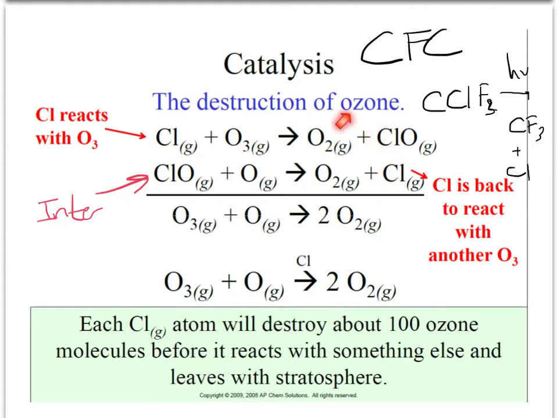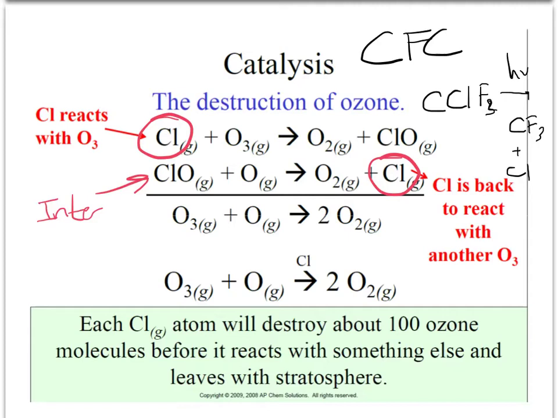So something that's created then destroyed is an intermediate. Something that is there, destroyed, then created again is a catalyst. So we recognize Cl as a catalyst because it is there, used up, and then it's there again. We start with it, and it's still there, so it can go on to react with something else. So it speeds up a reaction without itself being used up.